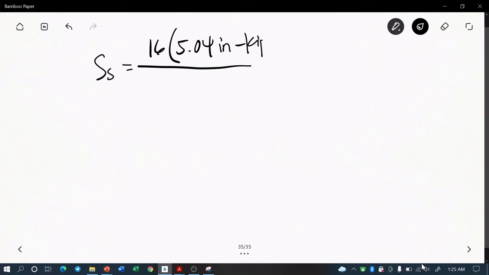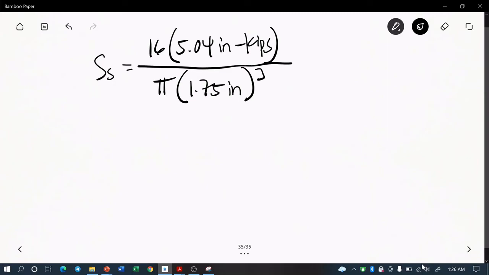Okay, so design stress is equal to 16 times 5.04 inch kips over pi times our diameter, 1 3/4 inches or 1.75 inches, cube.